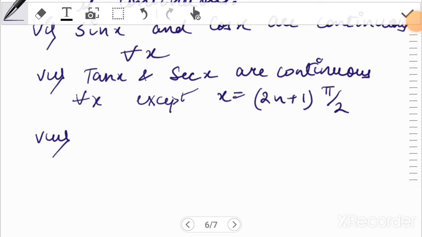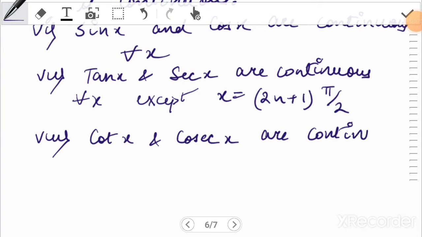Then cot x and cosec x are continuous for all x except at x is equal to n pi.